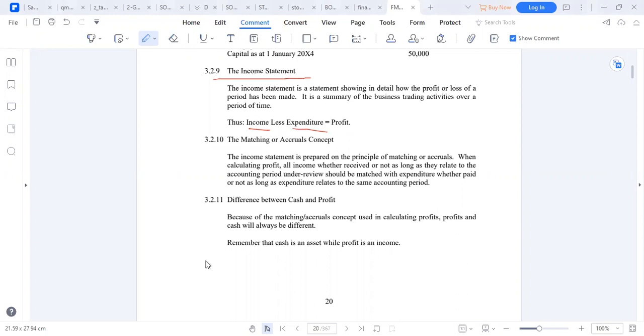In our income statement, we use what is called the matching or accruals concept. The income statement is prepared on the principle of matching, which simply means that if we have any debts for which we have enjoyed the service, we need to charge it.